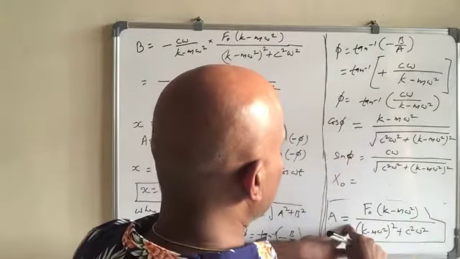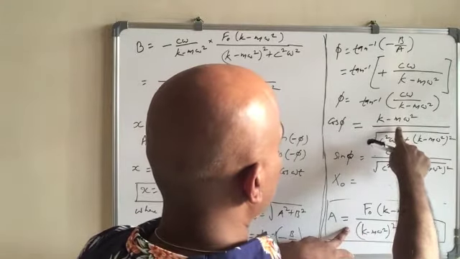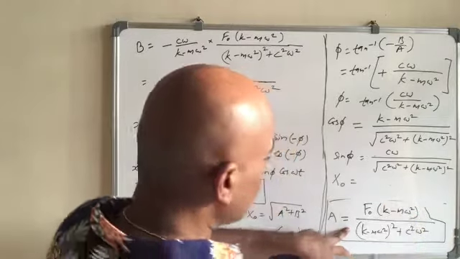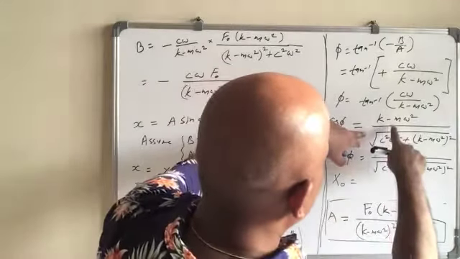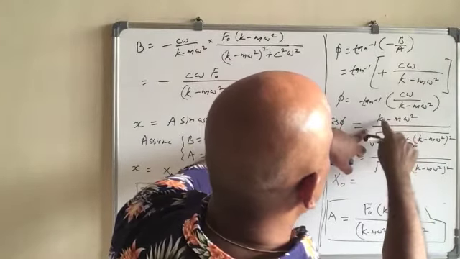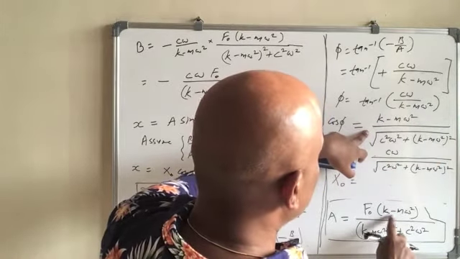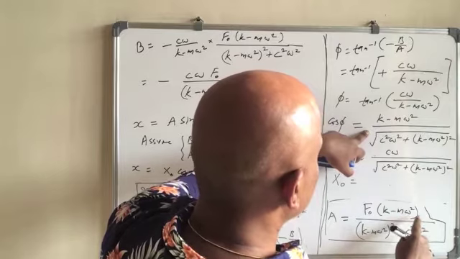If we divide a by cos phi, what do we get? We have k minus m omega square on top, and here also we have k minus m omega square, so that cancels out.